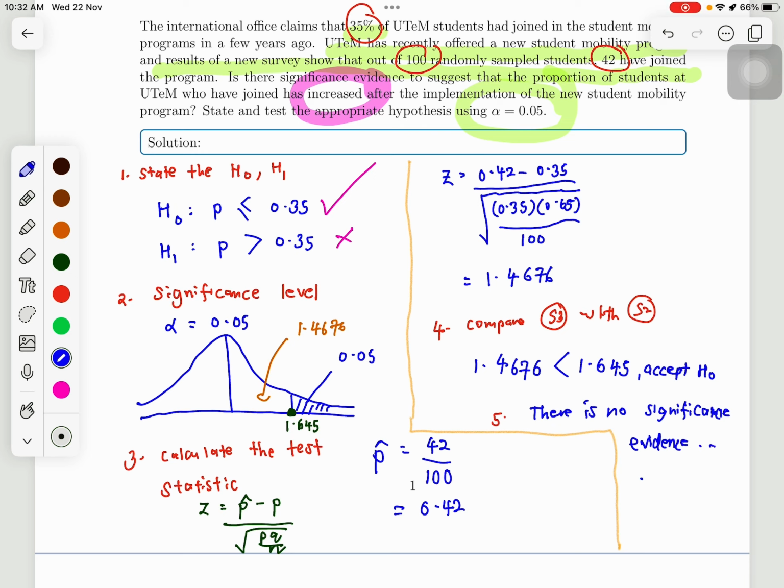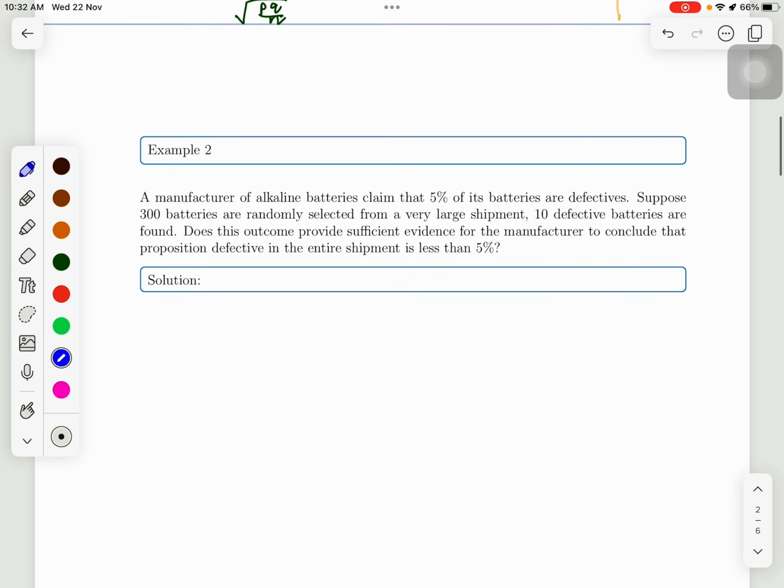So we just continue that. So yeah, very simple. But remember, you need to follow all these 5 steps from the information that you gain from the problem.